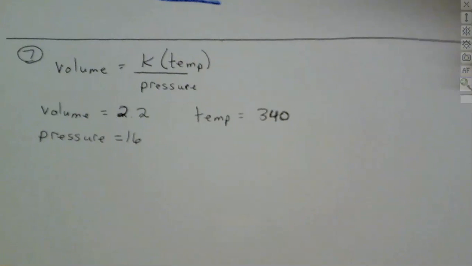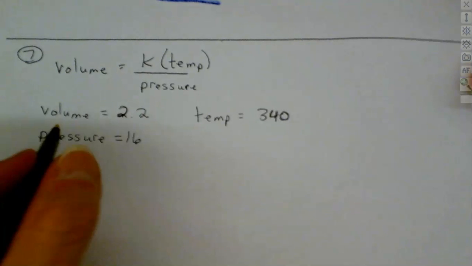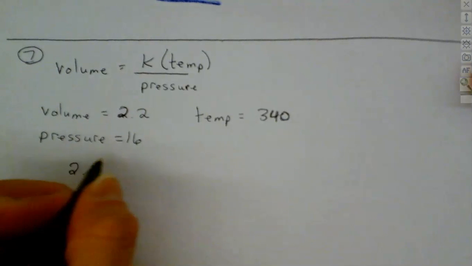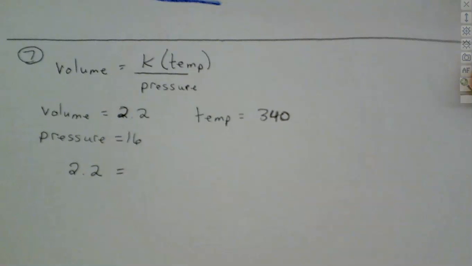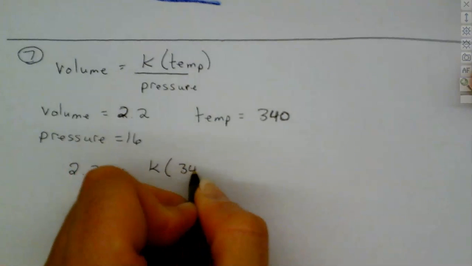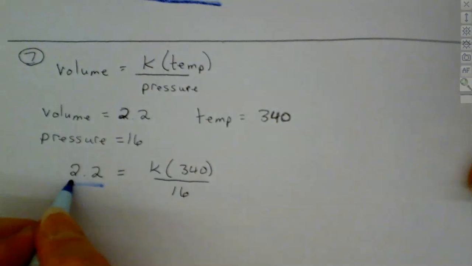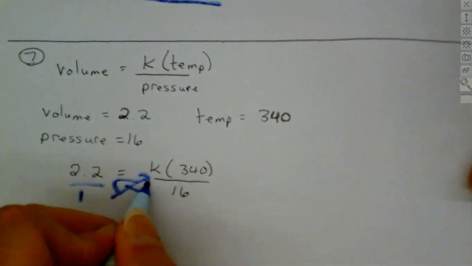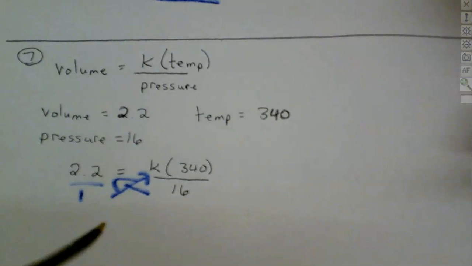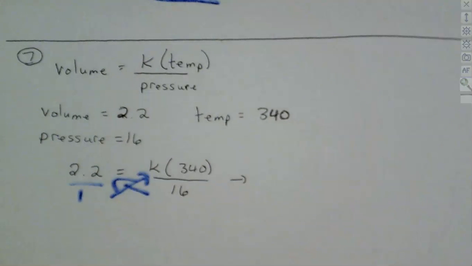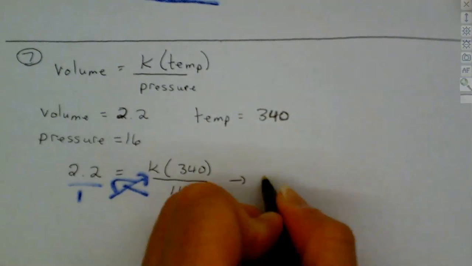And now we can plug our values in and we can find our K. So our volume is 2.2, and that's going to equal now K times 340 over the pressure, which is 16. I'm going to simply cross multiply here. And when we cross multiply, we now get 16 times that 2.2, which is 35.2.